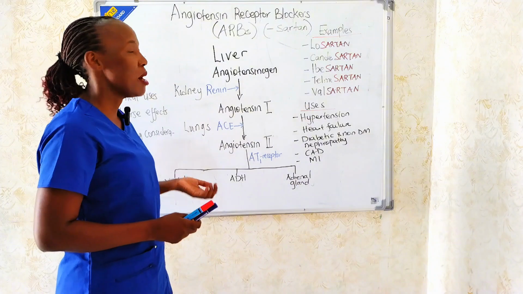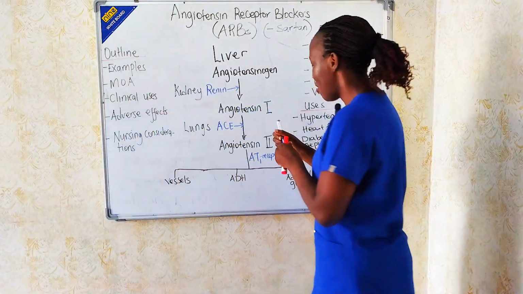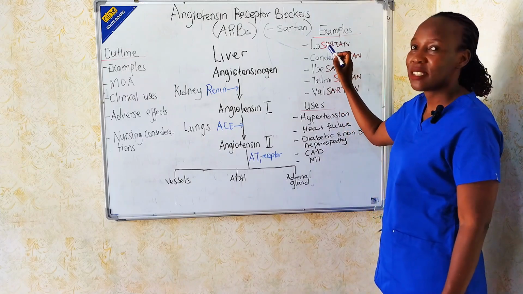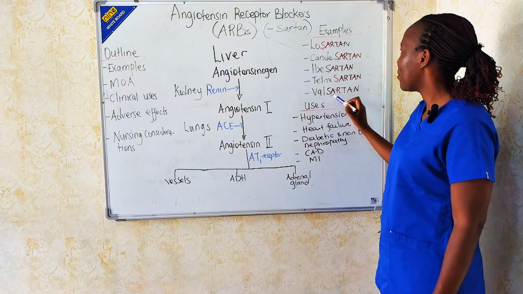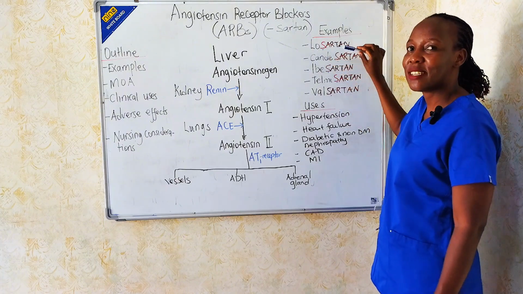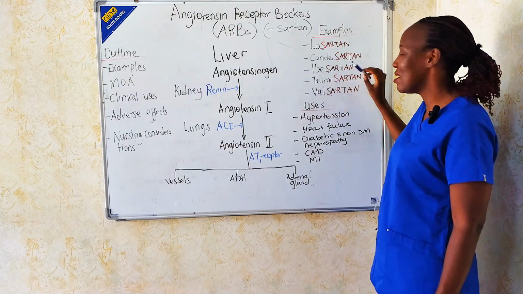Okay, so what are the examples of the angiotensin receptor blockers? Now, these are the drugs whose names end in the suffix sartan, like you see here. Okay, so we have losartan, candesartan, irbesartan, telmisartan, valsartan.